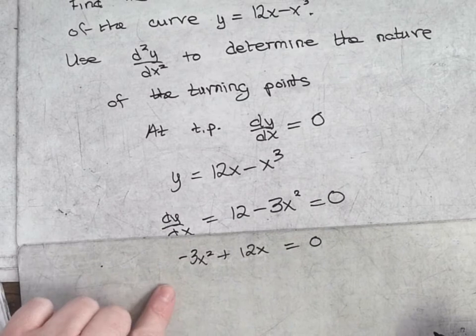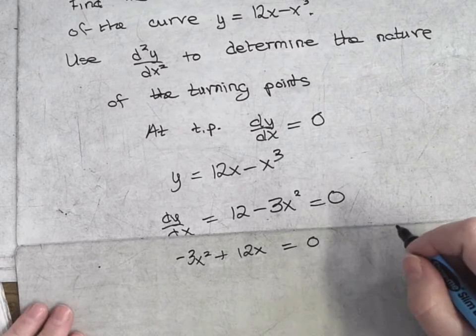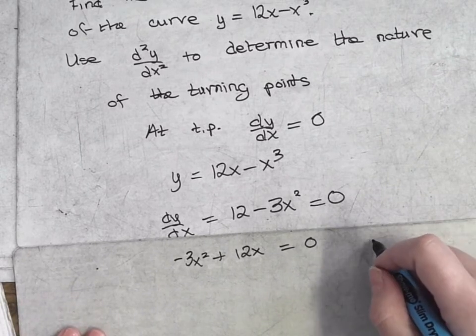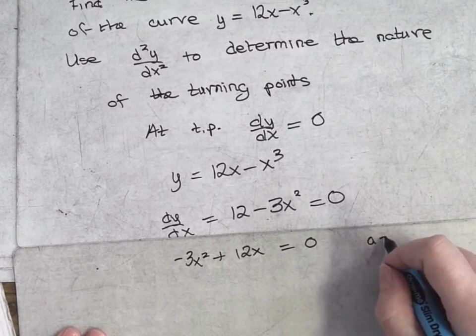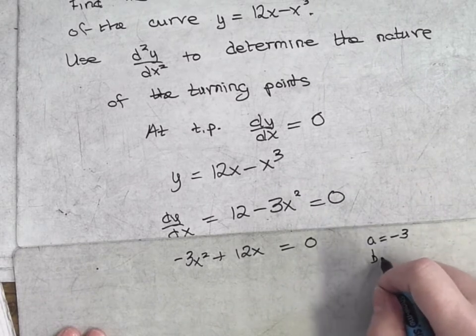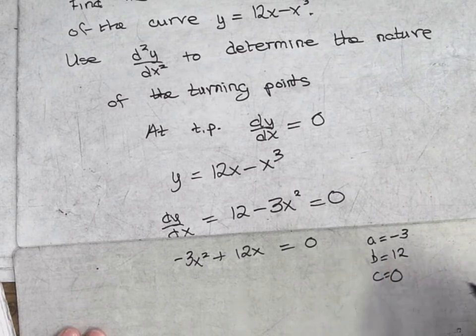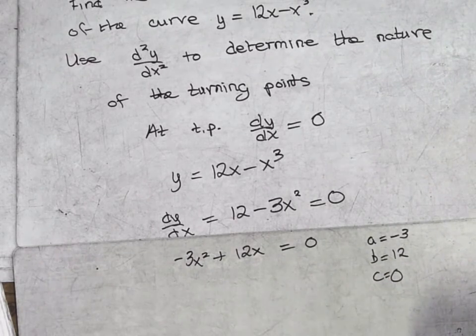I put the 3x squared first and the 12x second. I haven't changed anything. If you're using the minus b formula, girls, what's a equal to? Minus 3. What's b equal to? 12. What's c equal to? 0. So if you're using the minus b formula, off you go.